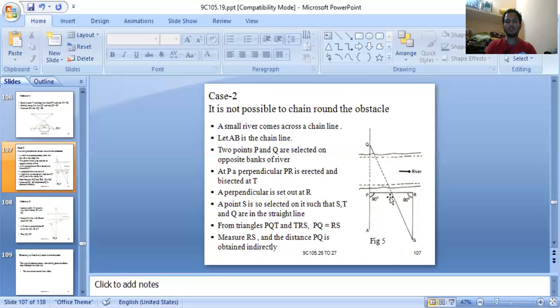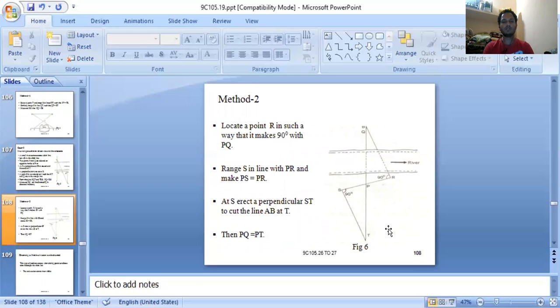Means we can do the ranging operation and select these 3 points so that they are in a single line. By using similar properties of triangles, PQ is equal to RS. So if we measure RS, it will be equal to the obstructed length PQ. In this way, we will measure in case it is not possible to measure around the obstacle.